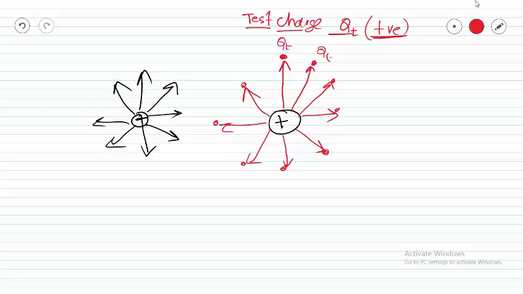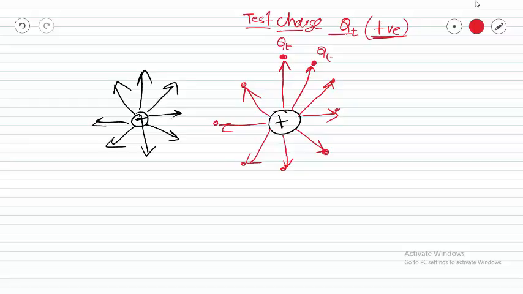If you bring a test charge near a charge which is already located in some place, then this test positive charge will experience some force. It will experience force in this direction if I place it here, in this direction if I place it here, and in this direction if I place it here.